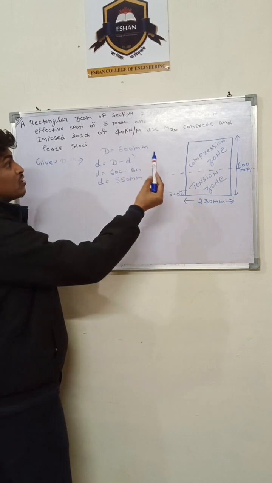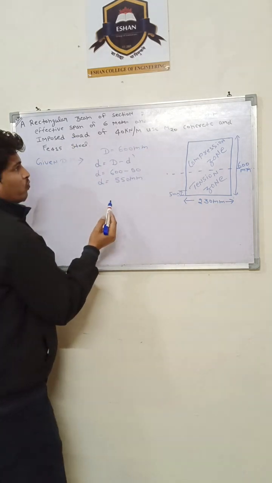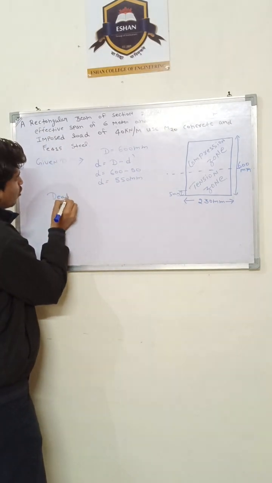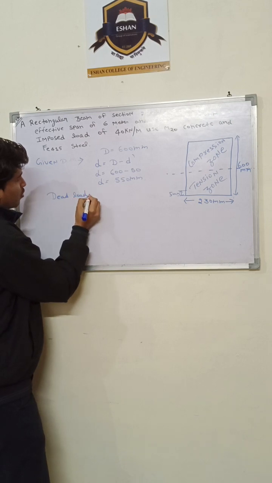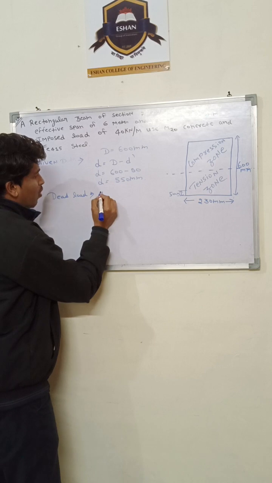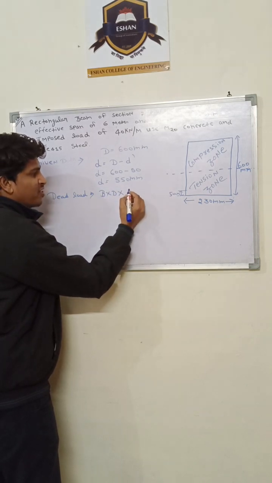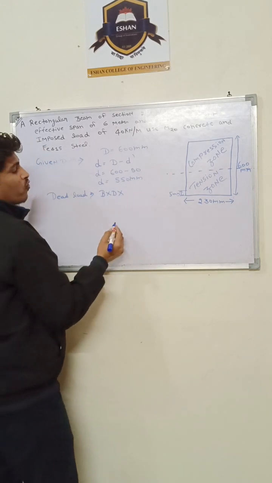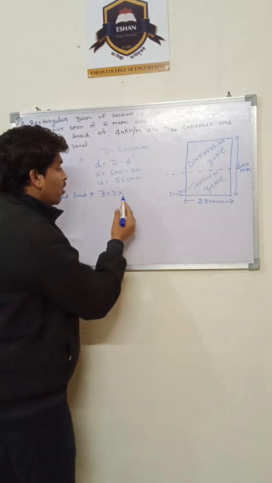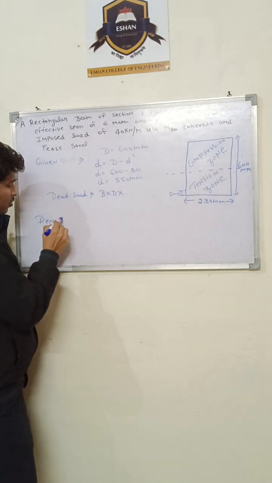Now this is imposed load, this is a live load. For this beam, we have to calculate the dead load. How do we calculate this dead load? Dead load is calculated from the width of the beam, depth of the beam and density of RCC, not concrete.